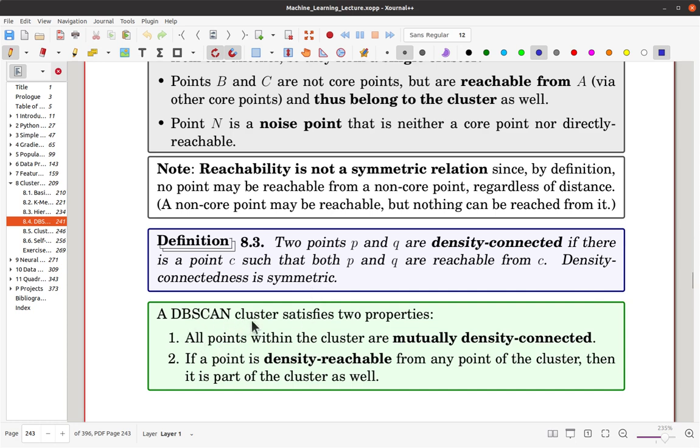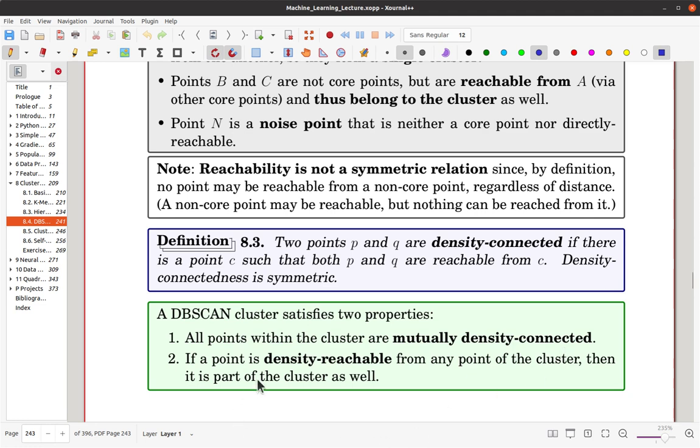Here, a DBSCAN cluster satisfies 2 properties. All points within a cluster are mutually density connected. This means that a cluster is formed so that every point inside a cluster will be mutually density connected.